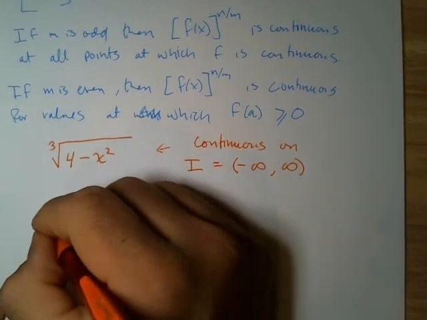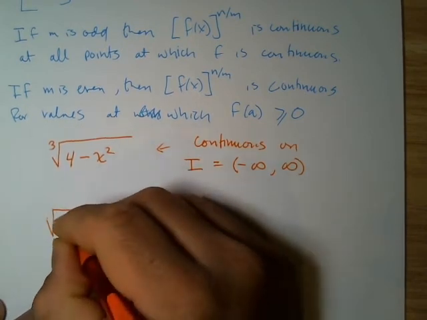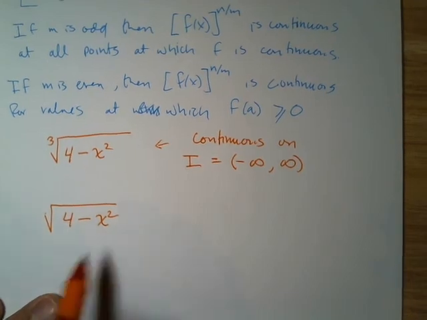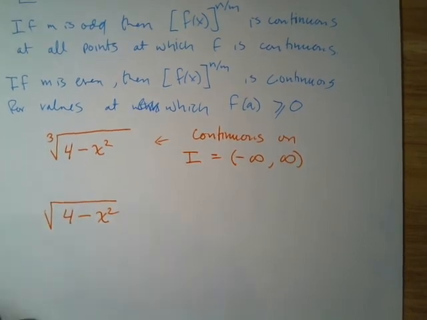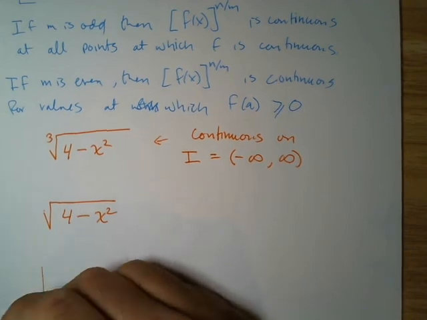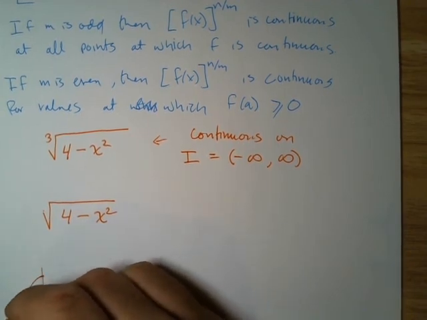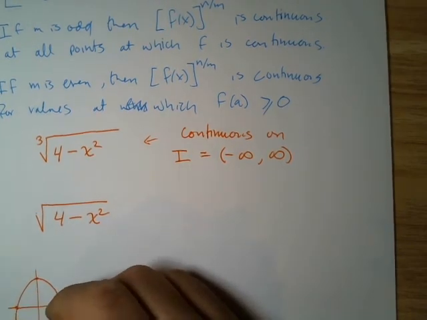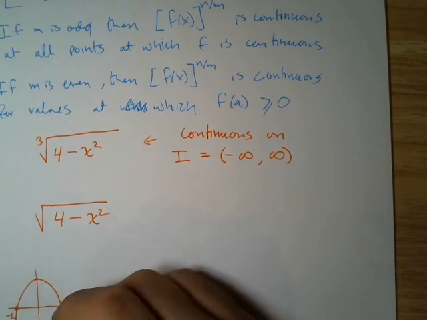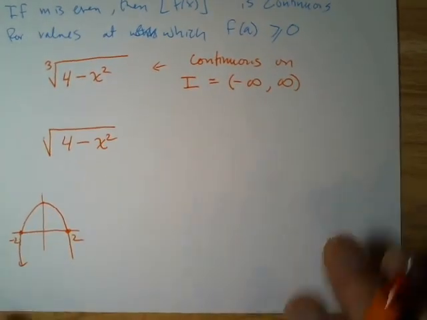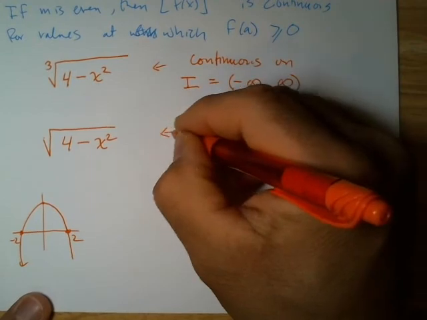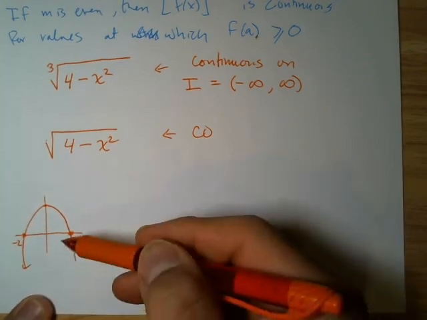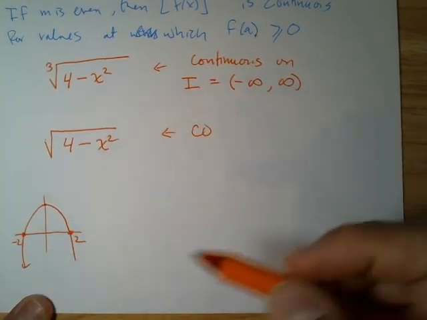But if that were an even root, then this is not continuous everywhere. If we recall 4 minus x squared, that looks like a parabola here, where the zeros are negative 2 and 2. Now in this case, the continuity is affected, and it is continuous only where f of a is bigger than or equal to 0, which graphically is values above the x-axis.